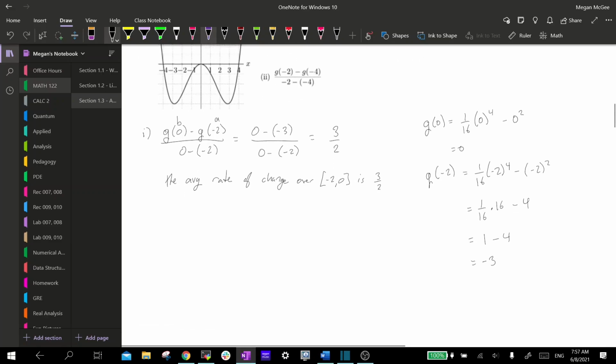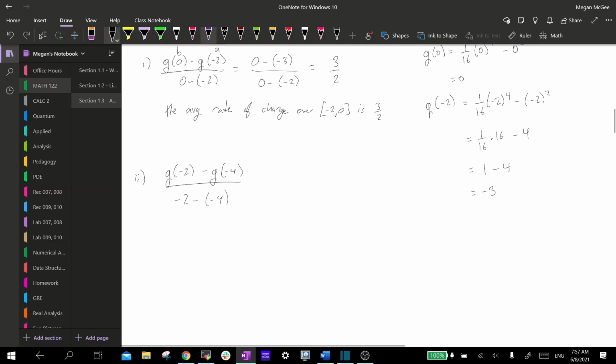Alright, let's go ahead and do part 2. So we have g of negative 2 minus g of negative 4 all over negative 2 minus a negative 4. We've already calculated g of negative 2, so why do it again? So we just need to calculate g of negative 4.